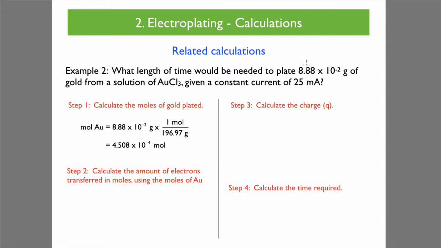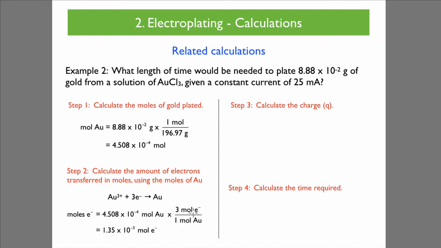We'd use molar mass as a conversion factor to convert grams into moles. Next, we need to look at how many electrons are required to totally discharge the gold, and you can see for every 1 gold ion you need 3 electrons. So our conversion factor to go from moles of gold to moles of electrons would be a 3-to-1 ratio.